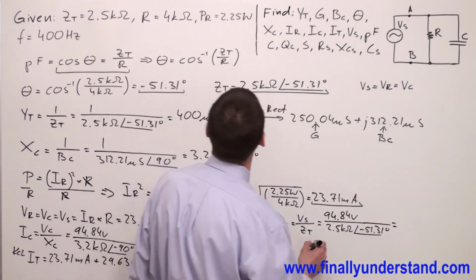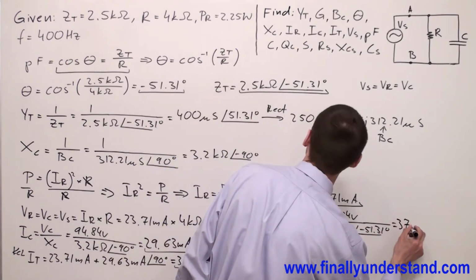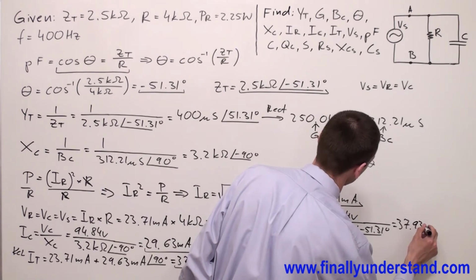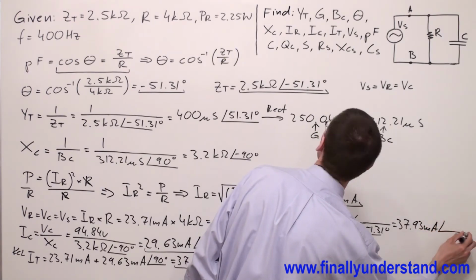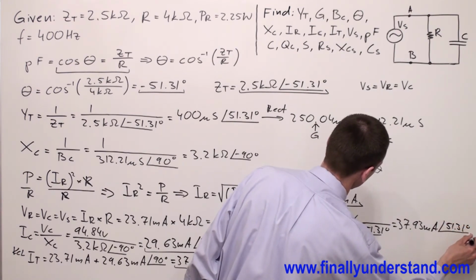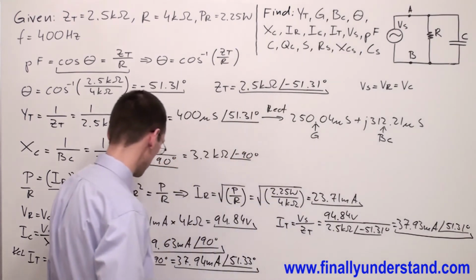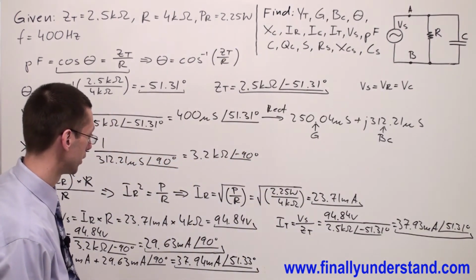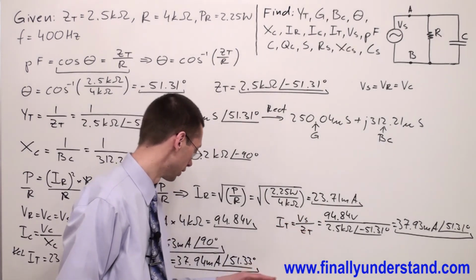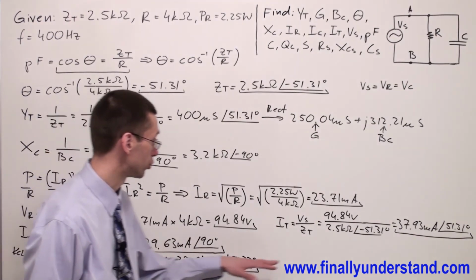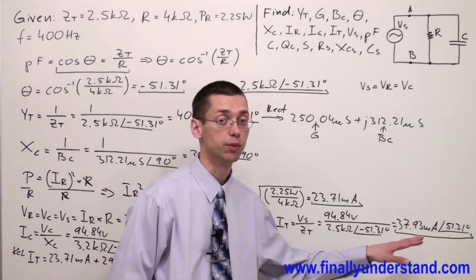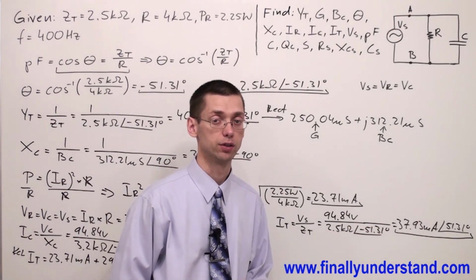This is equal to 37.93 milliamps and angle of 51.31 degrees. Okay, so this is the current obtained from the division of voltage source by Z total. Next, we're supposed to compare these two values. As you can see, they are close enough. So it means that so far our calculations are okay.